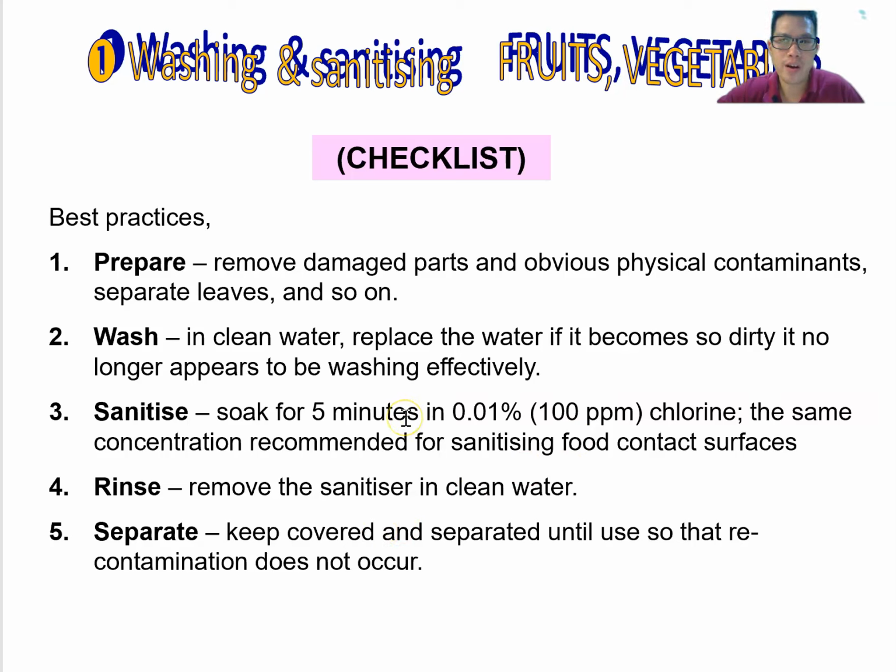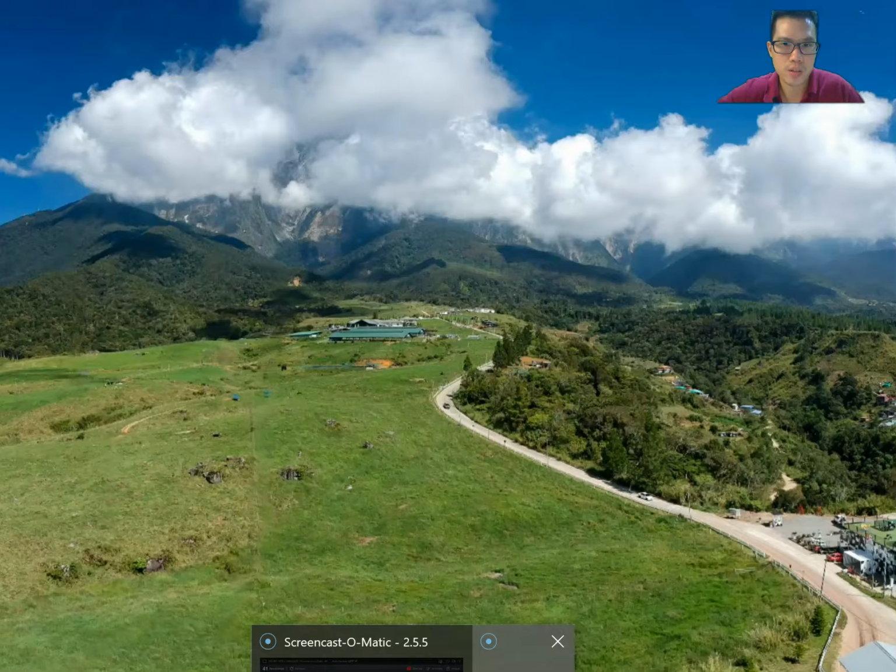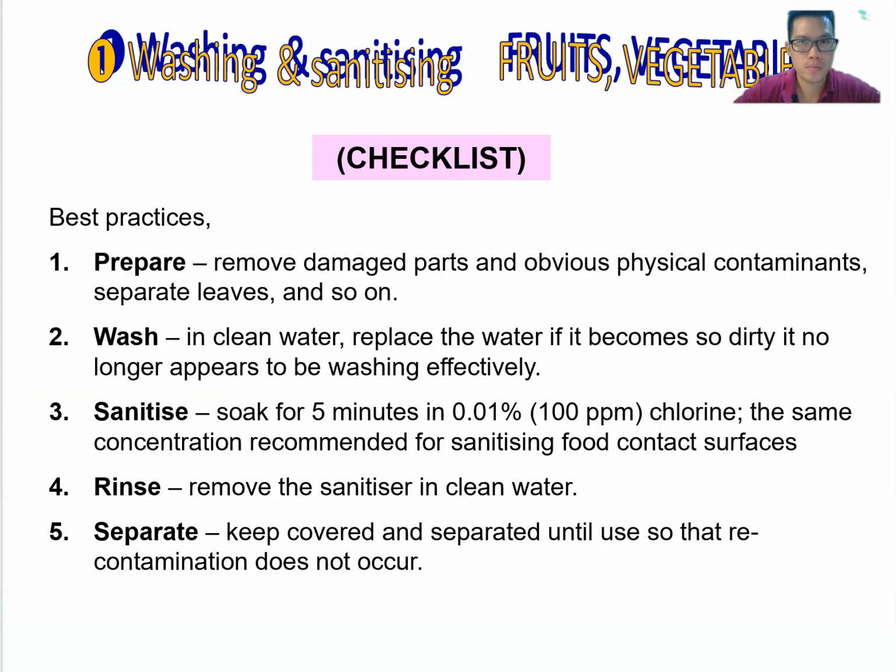Other than that, you also can use ozonated water to wash. As I mentioned, in Taylor's University kitchen, we have ozonated water that you can use to wash your vegetables.